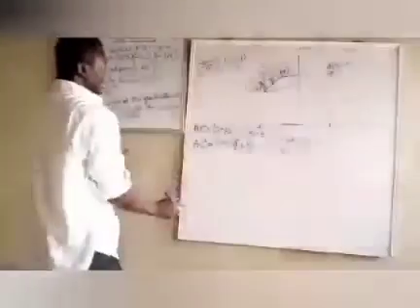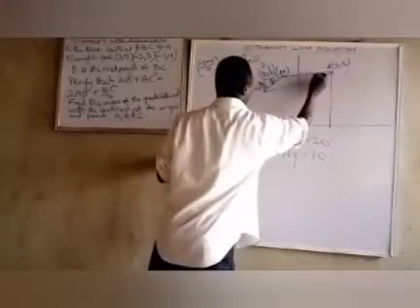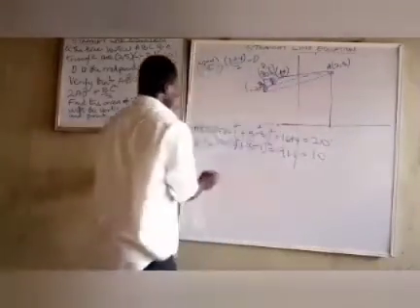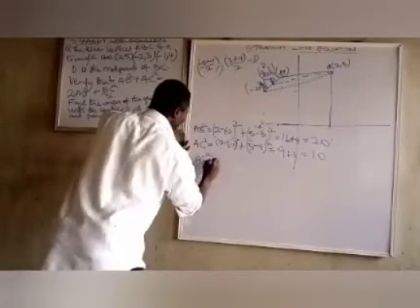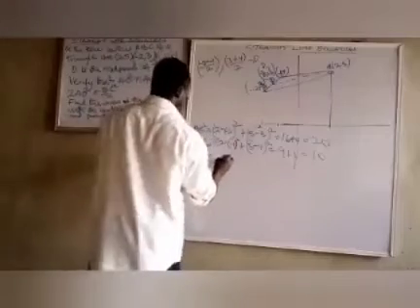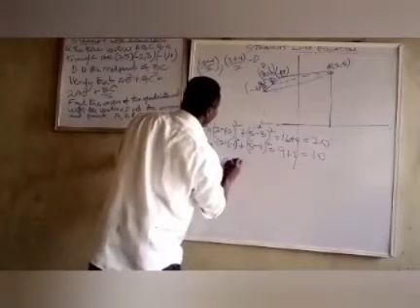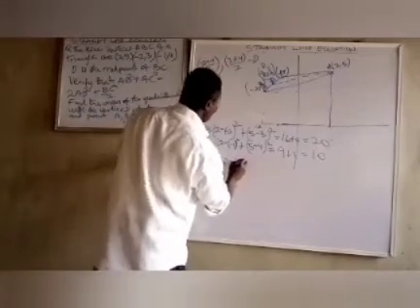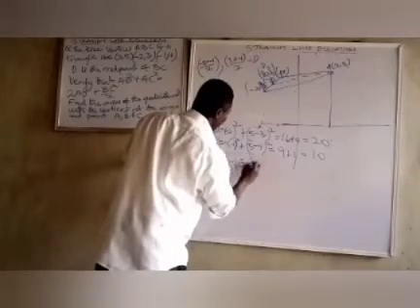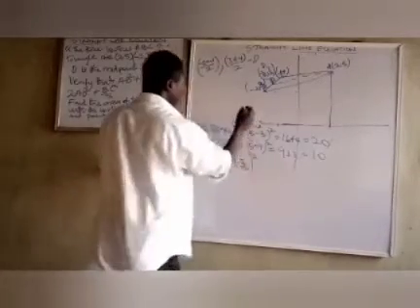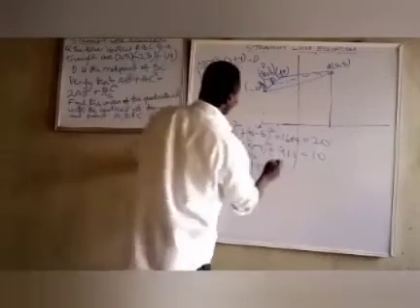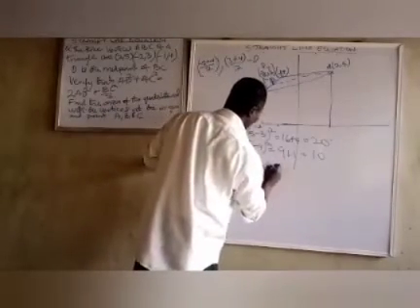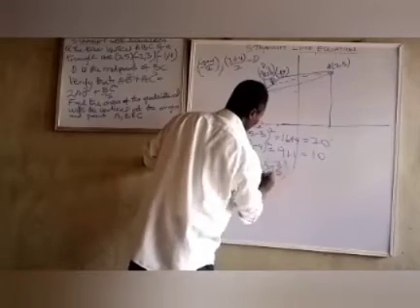Let's find 2AD squared. Let's find AD first. AD squared will be equal to 2 minus minus 3 over 2 all squared plus 5 minus 7 over 2 all squared.